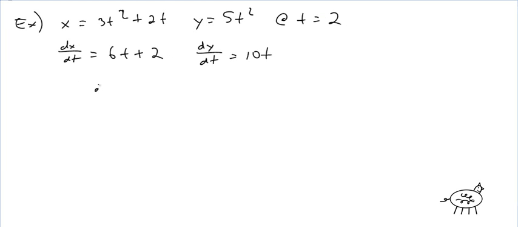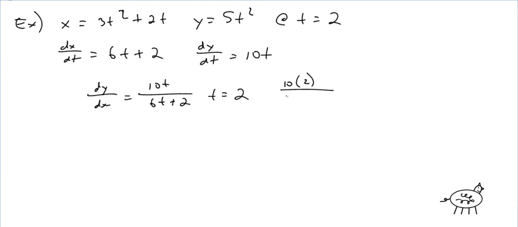Okay, so dy/dx is equal to 10t over 6t plus 2, y over x. Okay, it's pretty mellow.